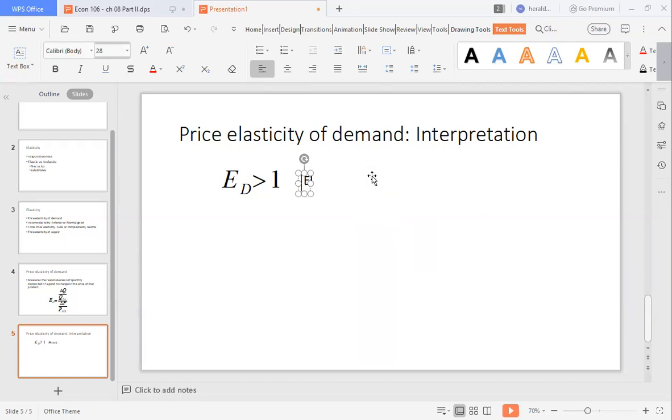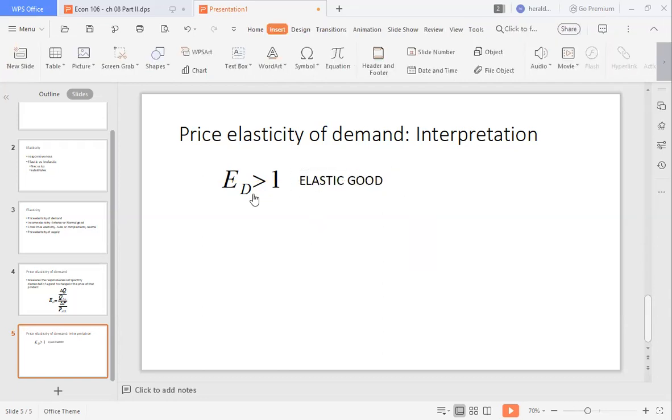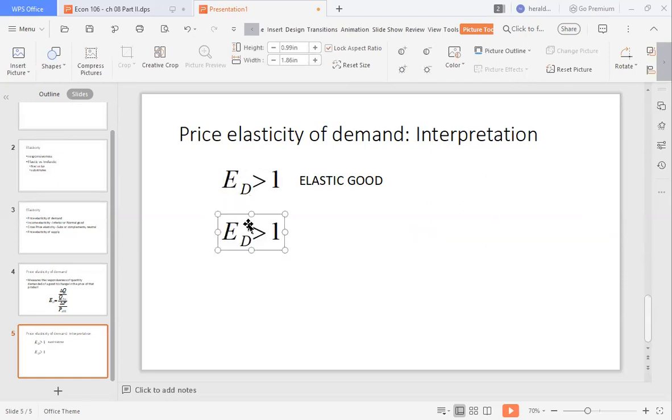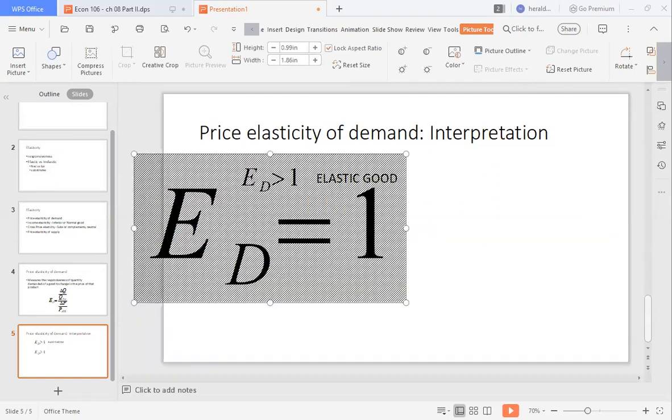Okay, so elastic good. And if it is equal to one, you have unit elastic.